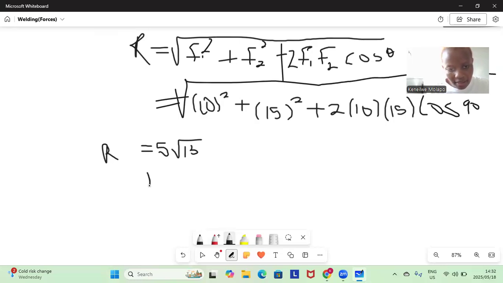Then your final answer R is equal to 18.03. I'm rounding to two decimal places. 18.03 N. Make sure that you press your calculator correctly.